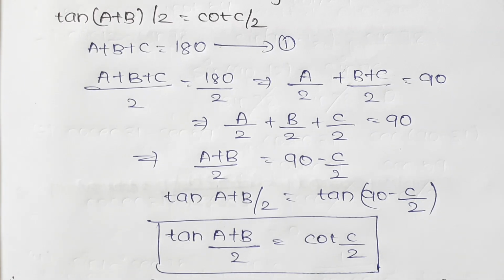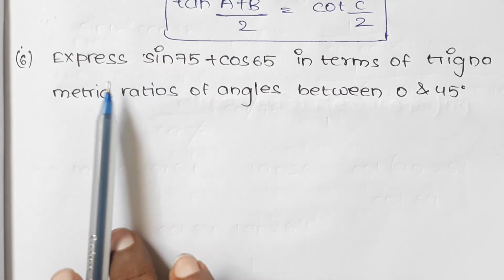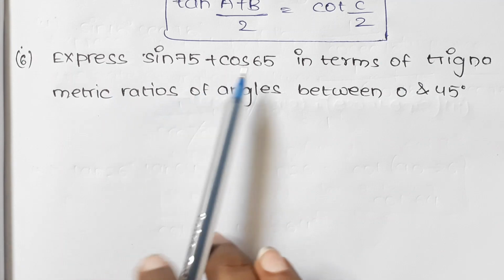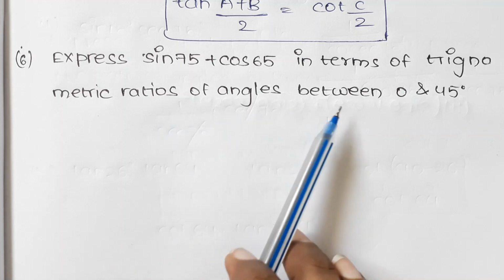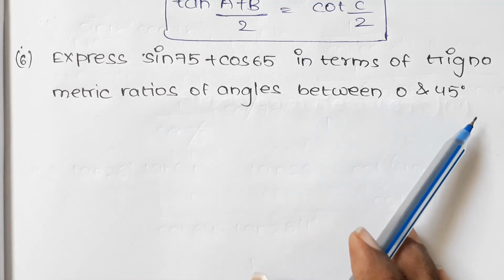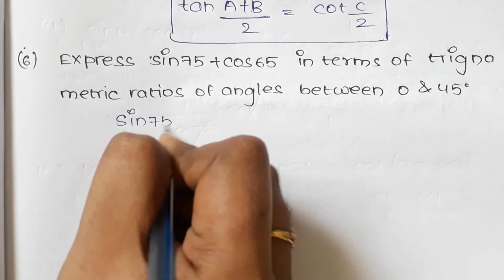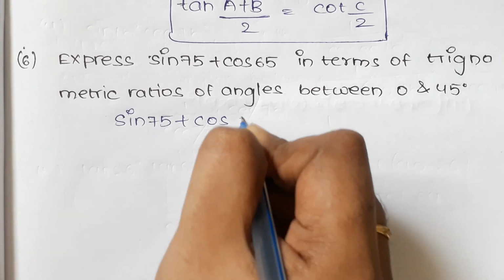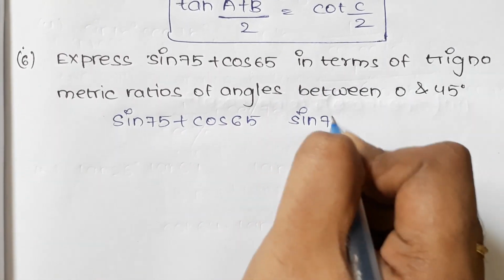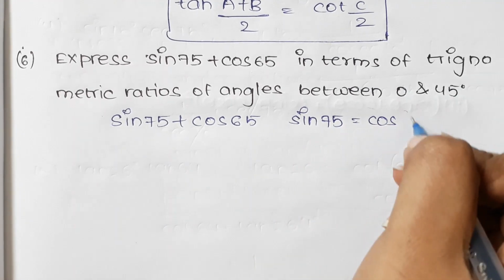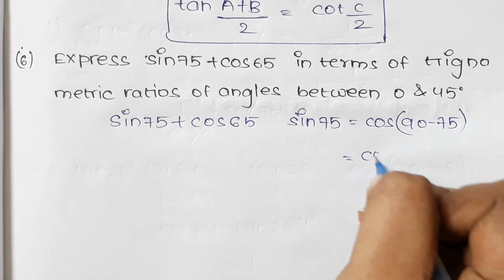Now let us see the sixth one, that is, express sin 75 plus cos 65 in terms of trigonometric ratios of angles between 0 and 45. Here given sin 75 and cos 65. Now this sin 75 can be written as cos of (90 minus 75), that equals cos 15.